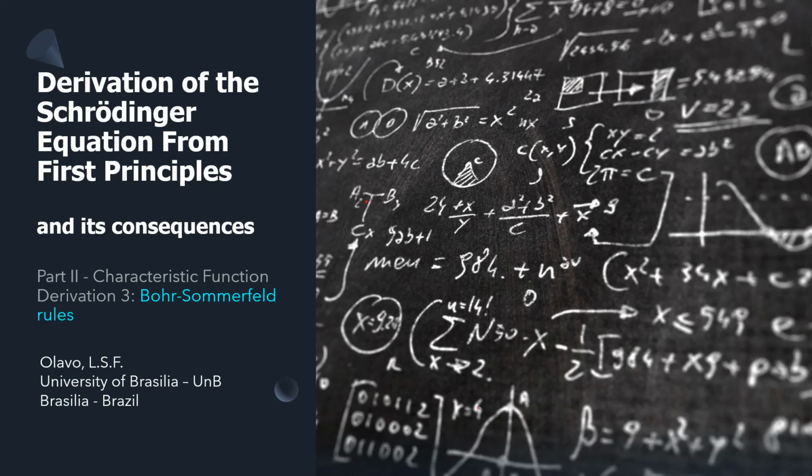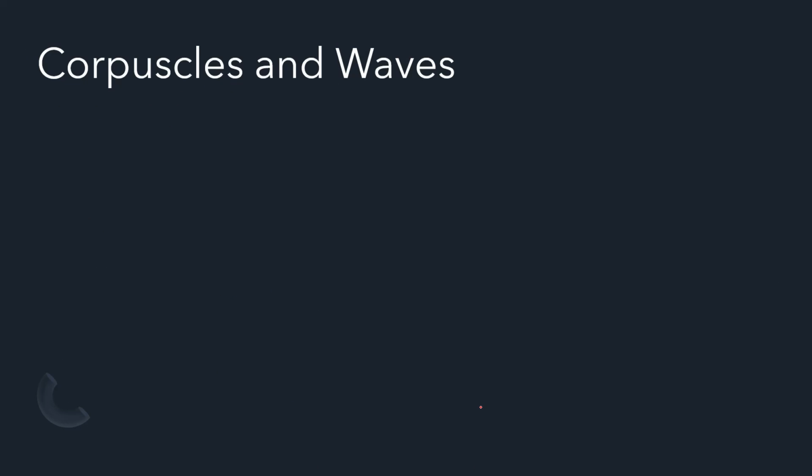So let's begin presenting the duality principle in terms of what we have already done. Indeed, we must try to understand the role of corpuscles or particles and waves in the realm of quantum mechanics.